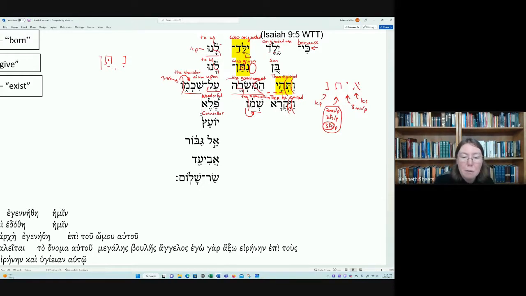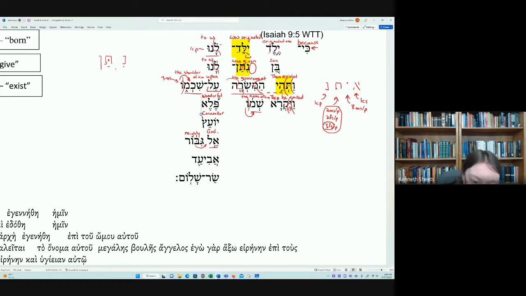So wonderful, counselor, and then you have El Gibor. Well, El is a shortened form of Elohim, meaning God. And then Gibor is an adjective modifying El, basically the idea of mighty in this instance. So El Gibor, mighty God. And then we have this one, Avi'ad. This is actually a composite word.